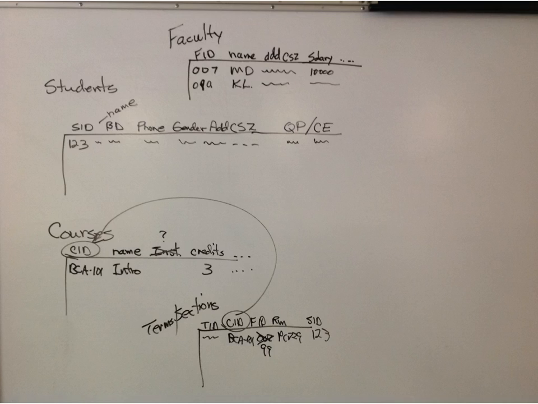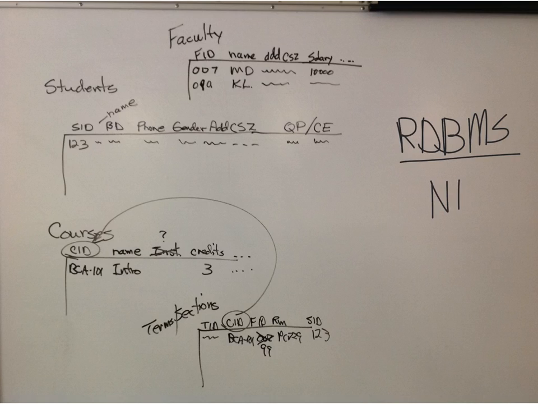And our last thing for the day. We did an example of a relational database management system. And what we did was we used NIAC. It doesn't work exactly like this, but NIAC is a good example.